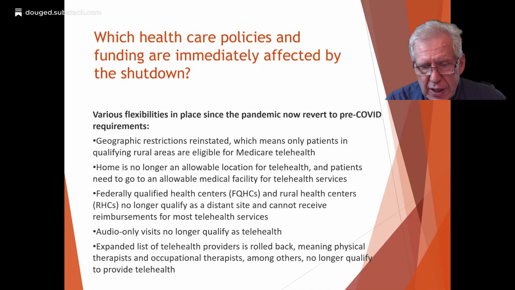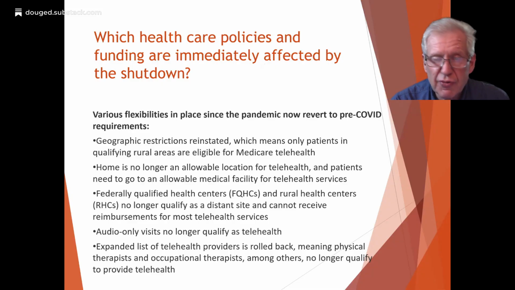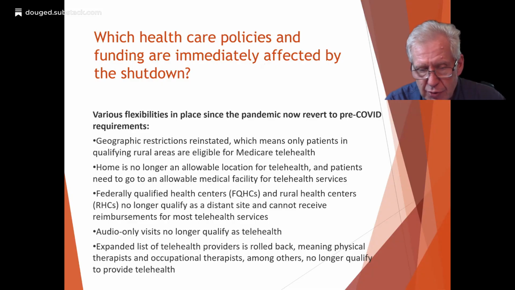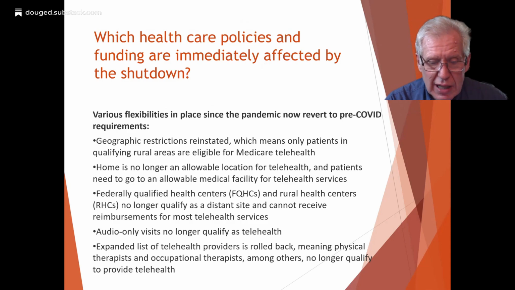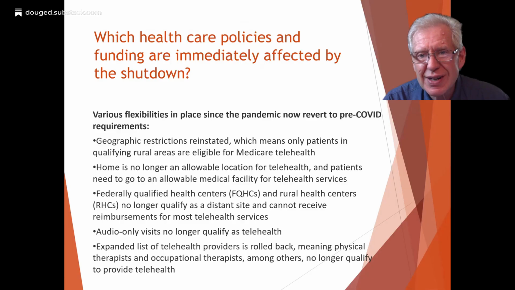Various flexibilities in place since the pandemic now revert to pre-COVID levels. This is that similar idea related to telehealth. Geographic restrictions are reinstated, which means only patients in qualifying rural areas are eligible for Medicare. Home is no longer an allowable location to originate your telehealth call for Medicare.